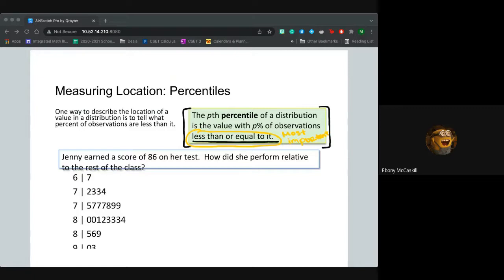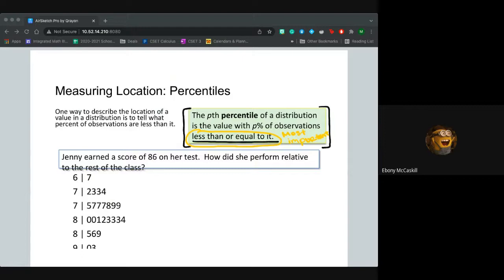So percentiles can give us an idea of where people are placed. So it's not like first place. First place means that you were the first person, but that percentile would be 99 because that means that you did better than 99% of the people. So keep that in mind.